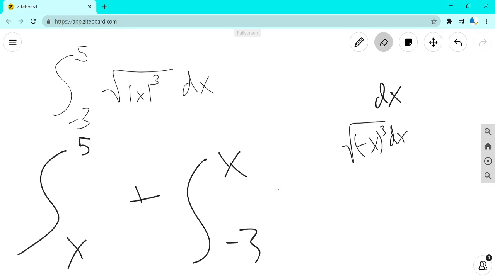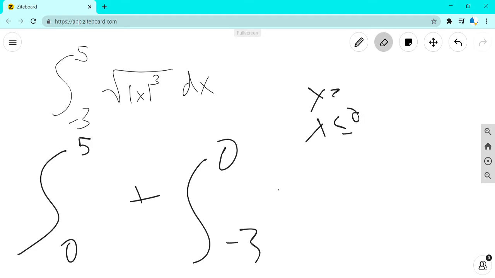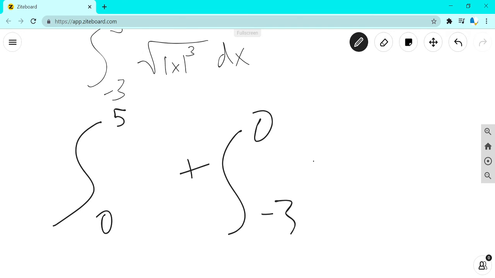What is this x going to be? We said that when x is greater than or equal to 0, it's positive x, and when x is less than or equal to 0, it's negative x. So 0 should be our bound. So we should make this into 0. So it basically becomes the integral of that, with what we put on the top.